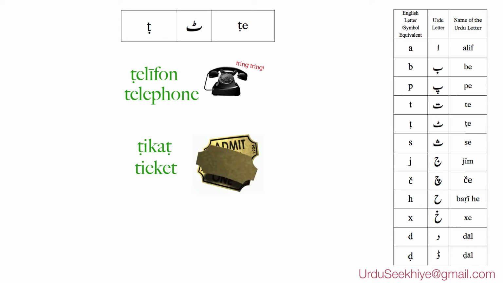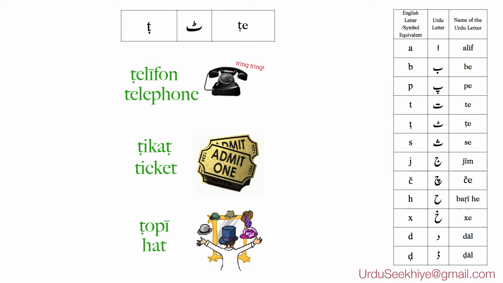Yeah? Like a train ticket or a movie ticket. Our final word is topi. Topi means hat. Any type of hat. Summer hats to winter hats fall under the category of topi.